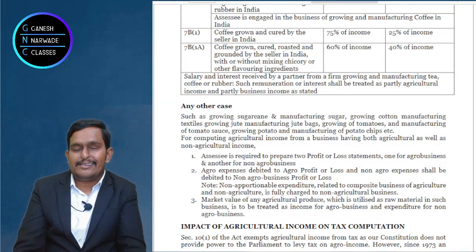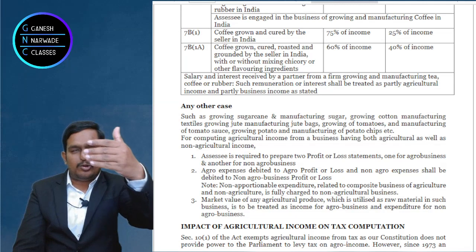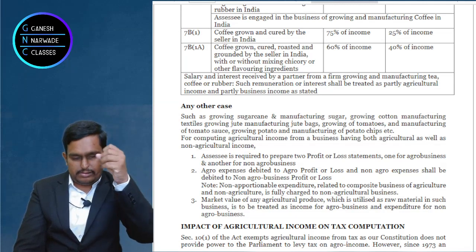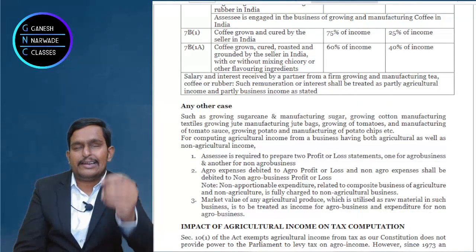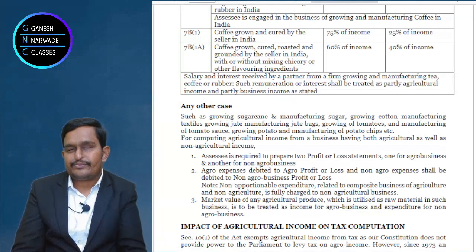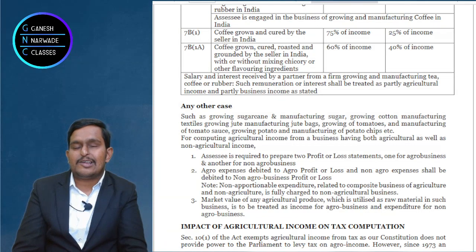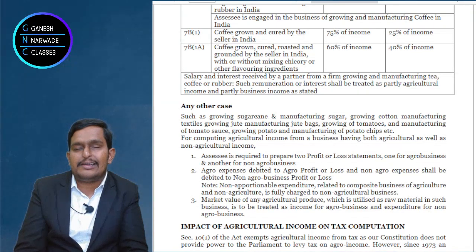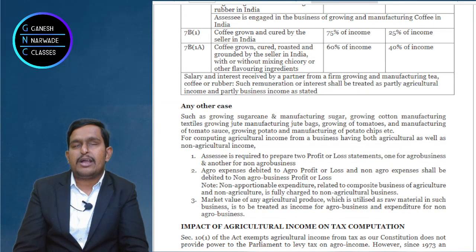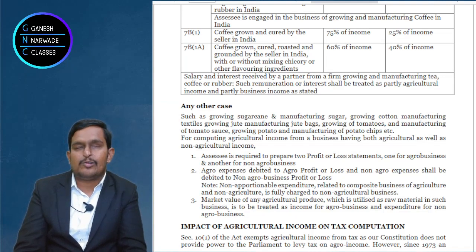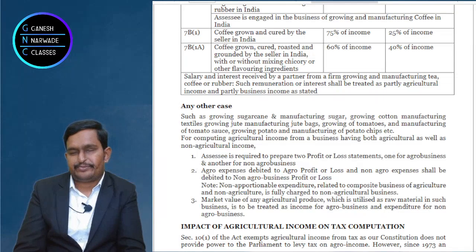Okay, 3 steps are there. I explained in summary format. Simply write all the revenues on the top. From that deduct related expenses. Okay, fair market value of agriculture produce becomes income for agricultural activity, but becomes the expenditure for non-agricultural activity. This difference you should be able to remember.